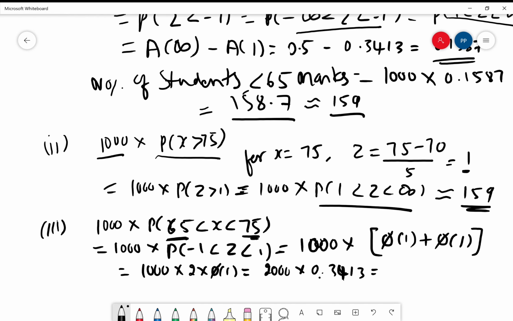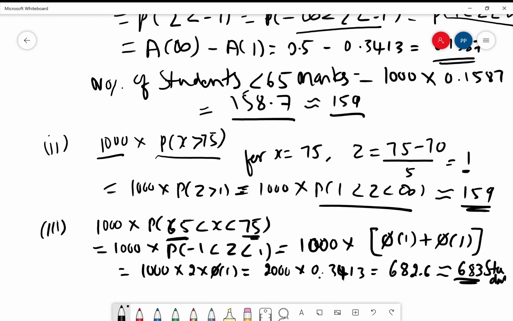If you multiply, you are getting 682.6, which on rounding off, we are getting 683 students.